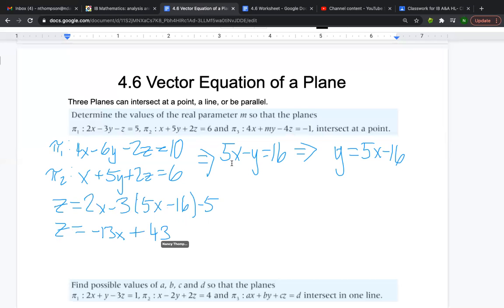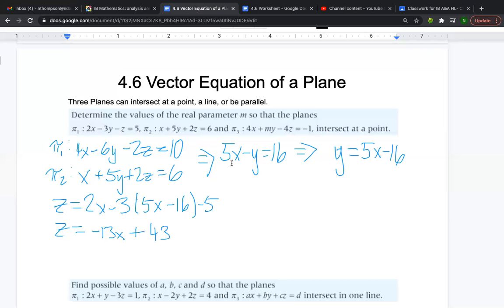Okay, so now that I have all of these pieces, I have that x is equal to lambda, and so I can plug them back in. And I'm going to go ahead and skip that step. You could write it out, x equals lambda, and then y equals 5 lambda minus 16, z equals negative 13 lambda plus 43.